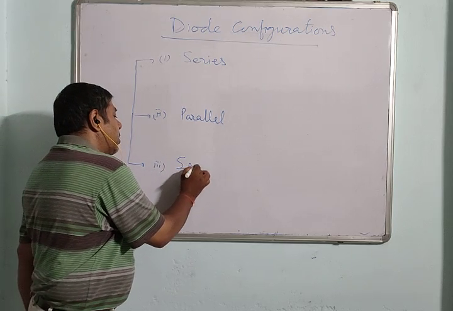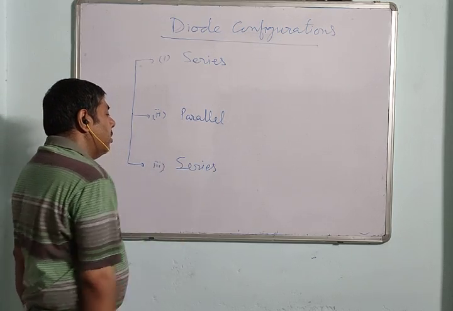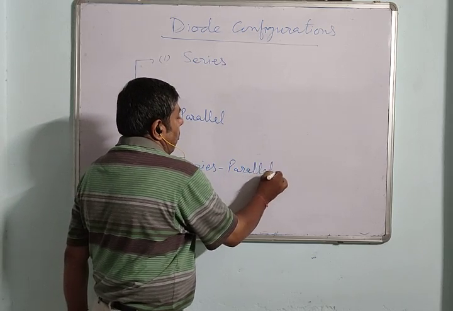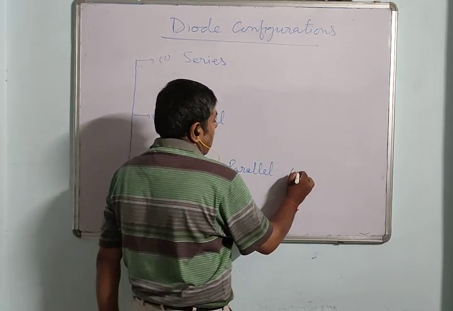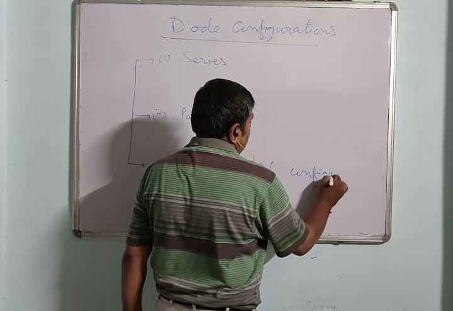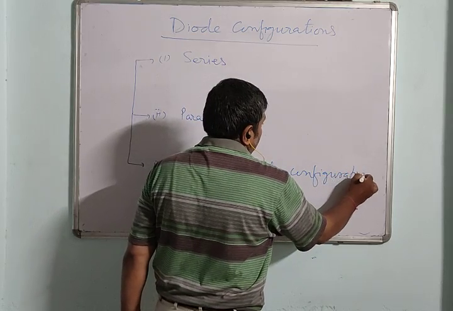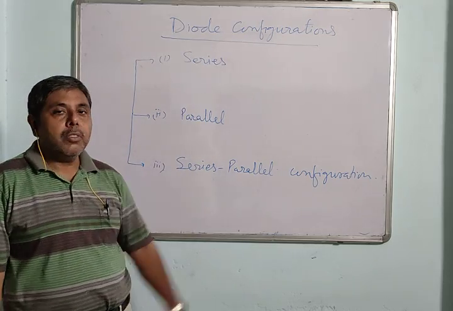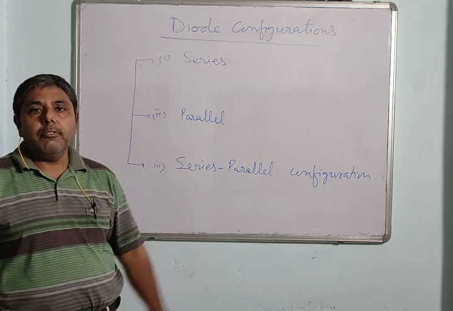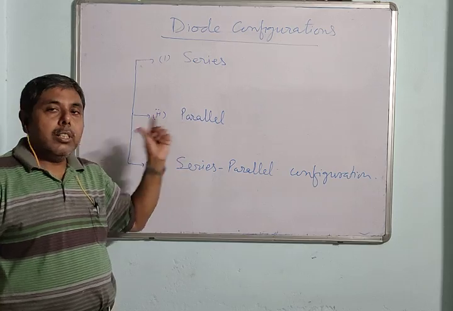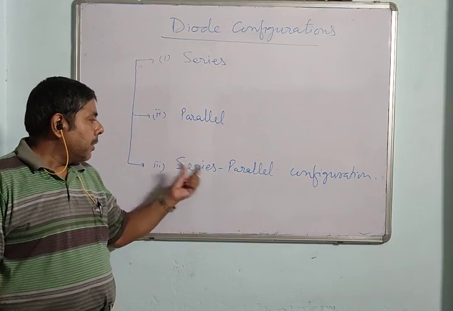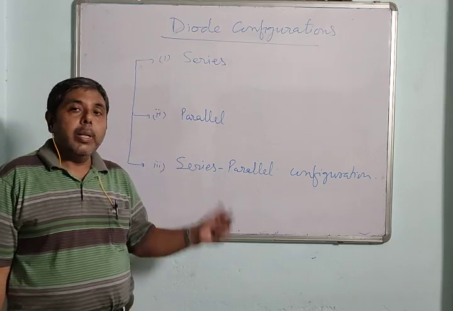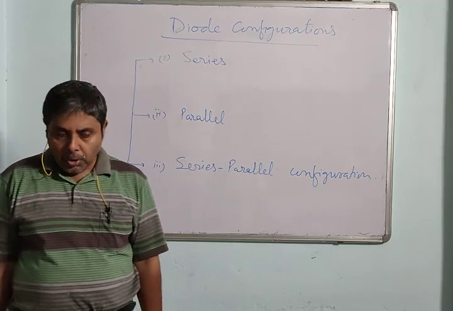So this you can see, this is the series parallel configuration. So we have three types of diode configuration: series, parallel, and the combination of these two, that is series parallel configuration.